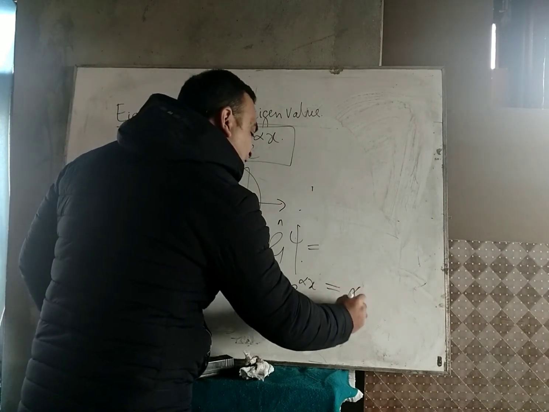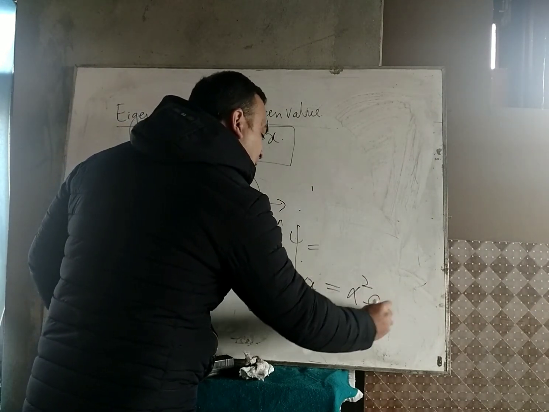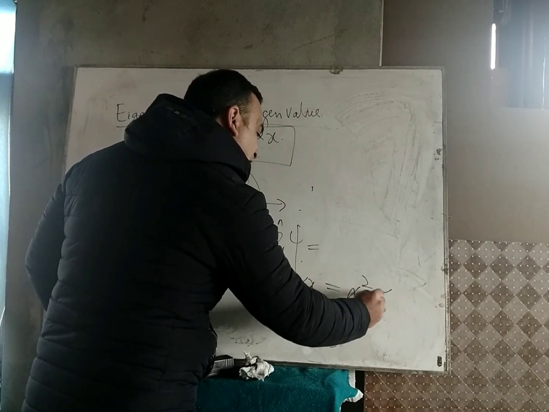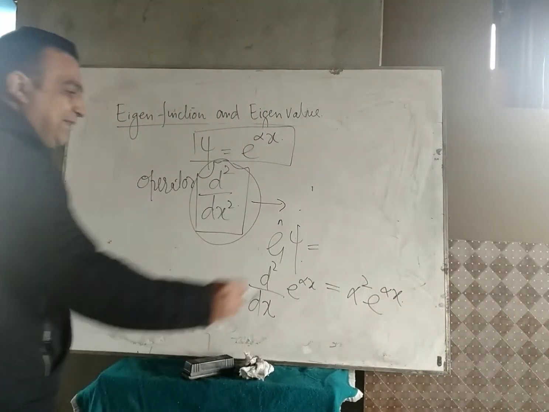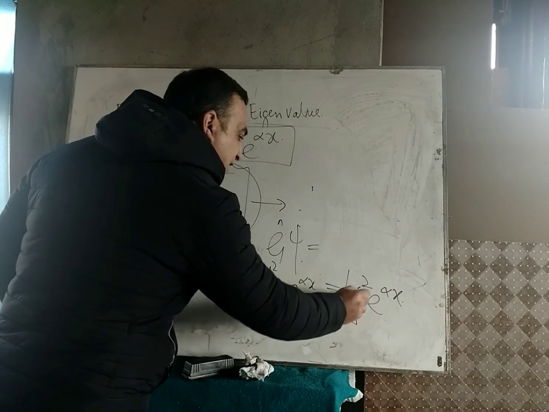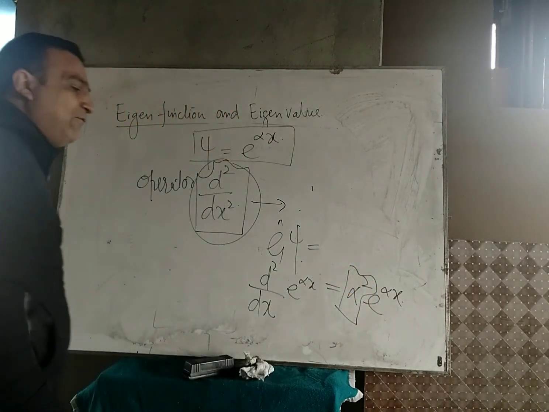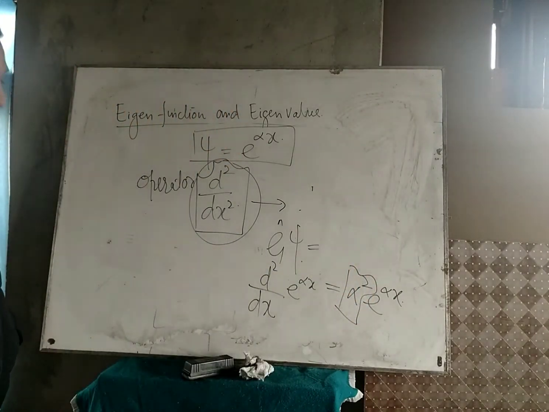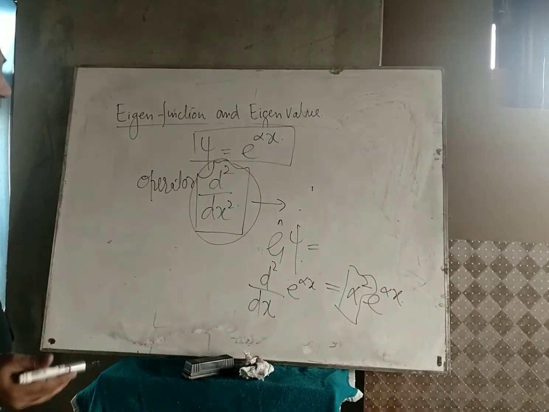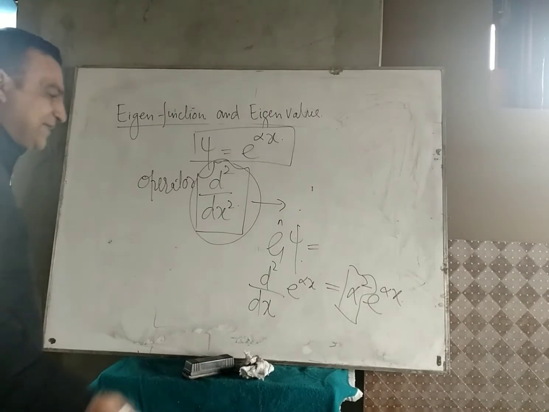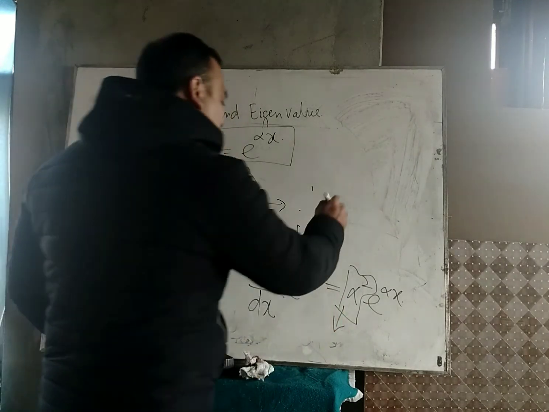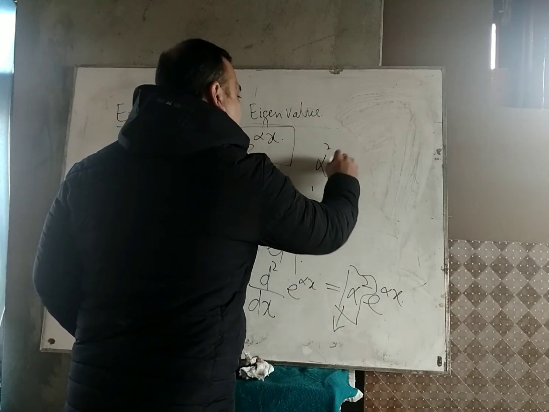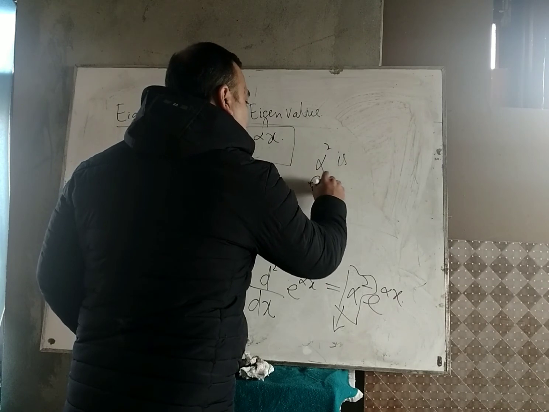We will get alpha squared e to the power of alpha x. The value that will be calculated for this alpha squared will be a positive value and it will be a discrete value. This value that we have obtained here is the eigenvalue. So alpha squared is the eigenvalue.